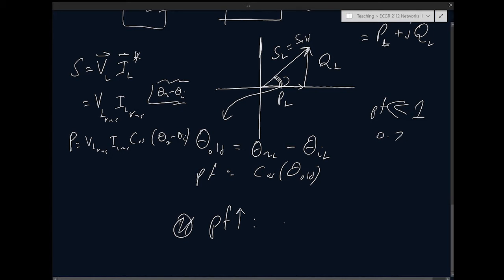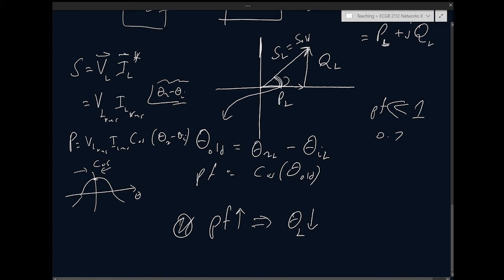What does that mean? That means I want to reduce the theta of the load, right? Because the smaller the angle, the closer to unity the cosine gets. So I want to reduce the angle. How do I reduce the angle from this graph?